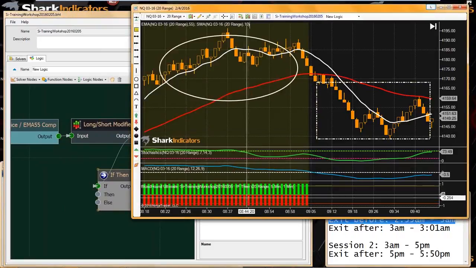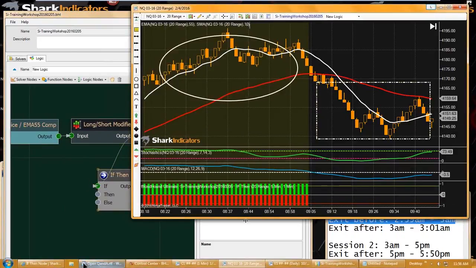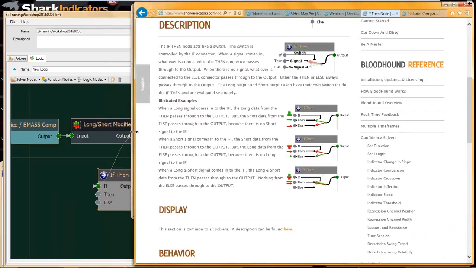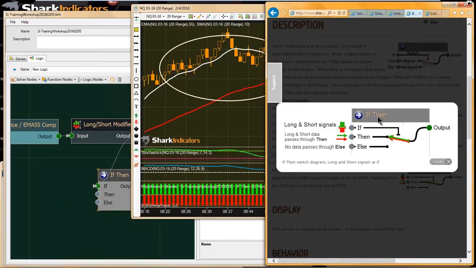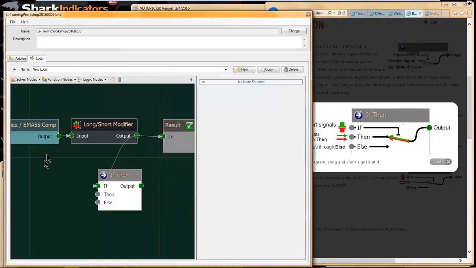We have a long and short signal coming into the if, and if we go back to our graphic here, remember we have this one graphic image that has a long and a short signal coming into the if, and so both switches are connected to then. So everything connected to the then gets passed through to the output, and whatever is connected to the else is completely ignored.